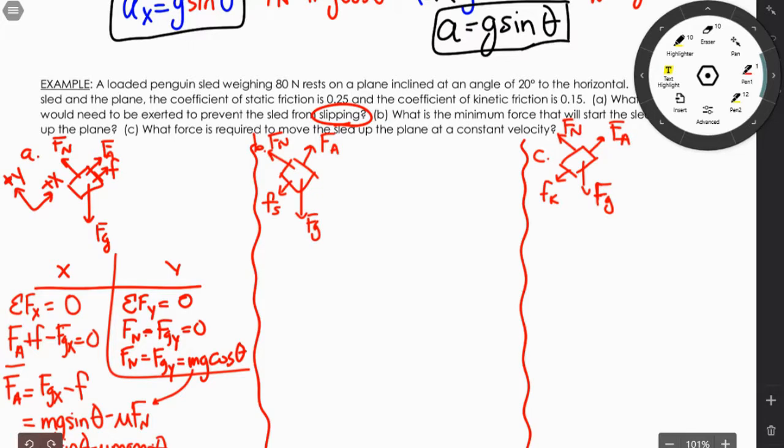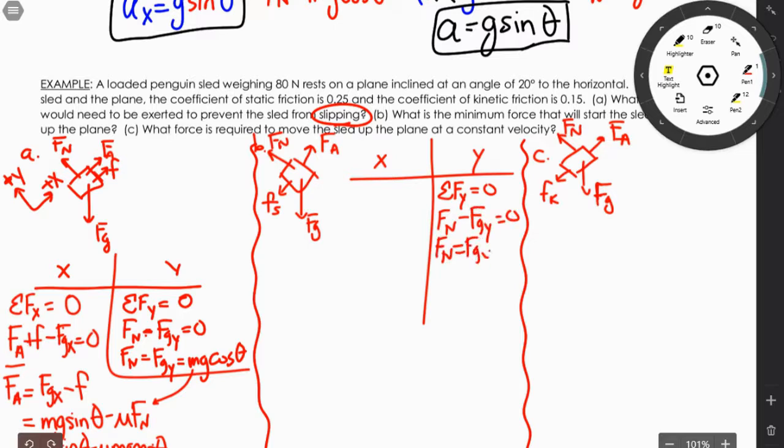So what happens in B and C, you're going to get the same equation. You're just going to use different coefficients. Okay, so here's our xy. So the sum of the forces in the y direction equals 0, right? Fn minus Fgy equals 0. Fn equals Fgy.